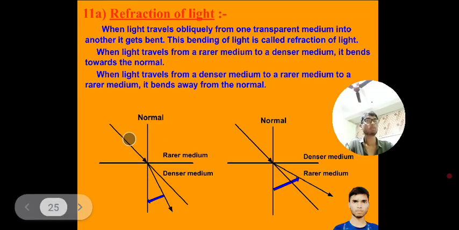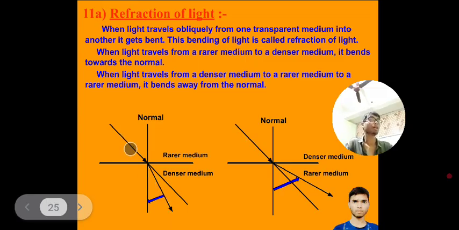and when light comes from the rare medium to the denser, it will bend towards the normal. But what if light comes from the denser to the rare, then what will happen?